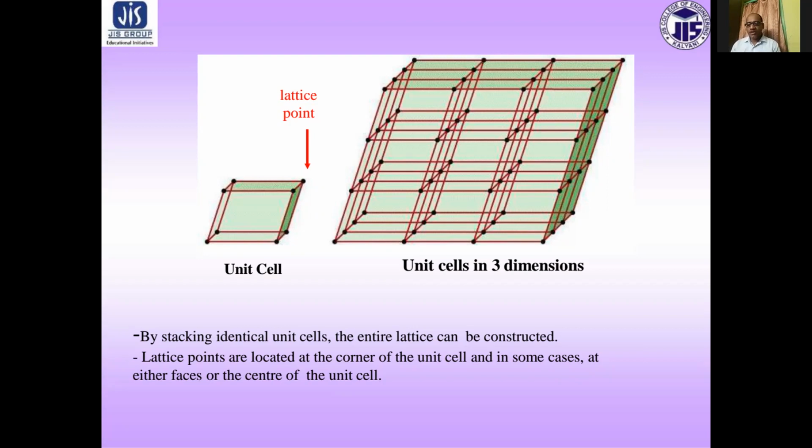There must be an identical atom or group of atoms with the same orientation at every other lattice point. So in this figure, it is shown as a lattice unit cell with 3 dimensions and unit cell of a particular lattice with lattice points.